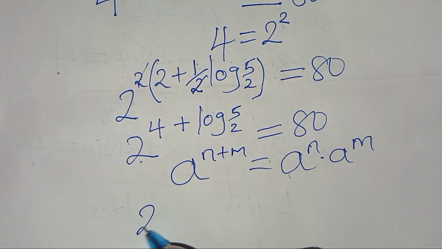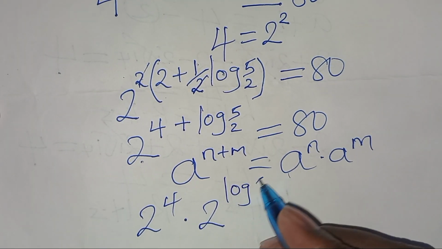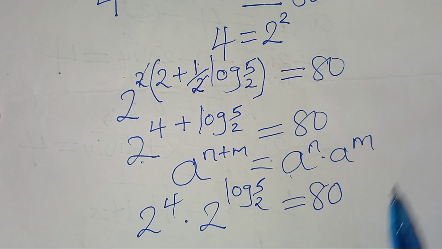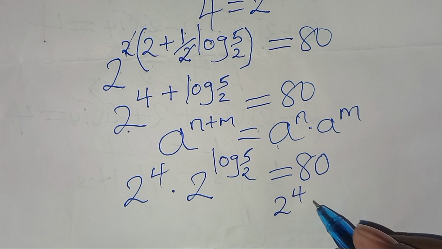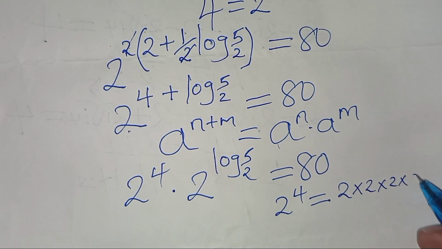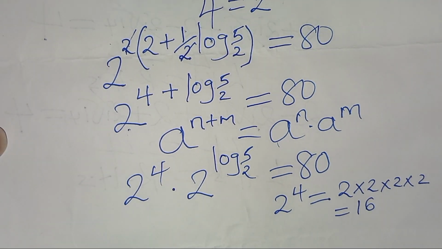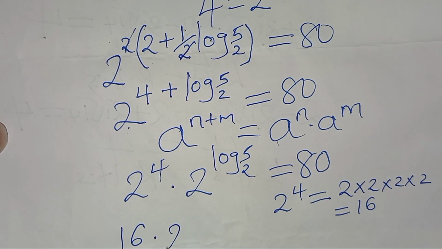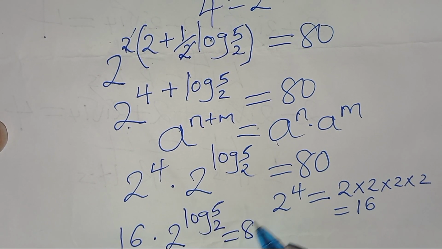Now we'll have 2 to power 4 multiplied by 2 to power log 5 to base 2. Now 2 to power 4 is the same thing as 2 times 2 times 2 times 2, which is equal to 16. So here we have 16 multiplied by 2 to power log 5 to base 2. This should give us a value of 80.